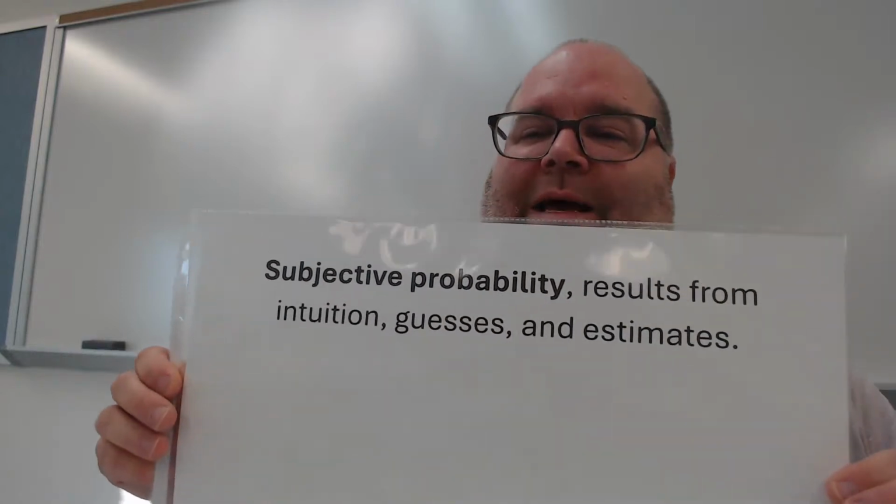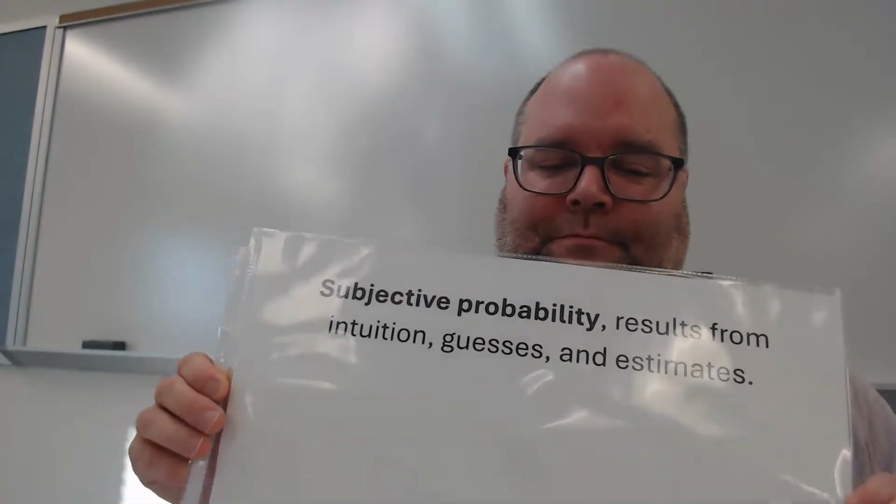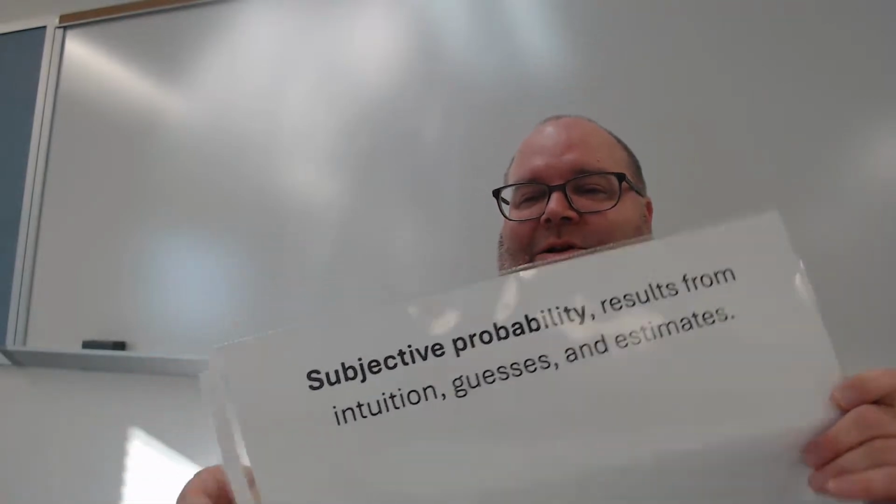The two other types of probability that we are going to deal with much more often are our subjective probability, which is a non-mathematical probability because there's no real formula that we can just drop numbers and stuff into to crank out a probability value. It is based on experience, intuition, guesses, estimates.